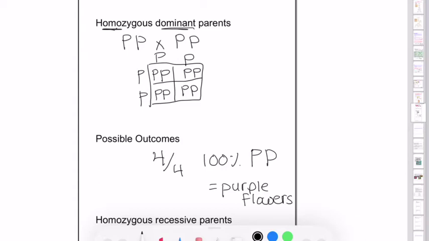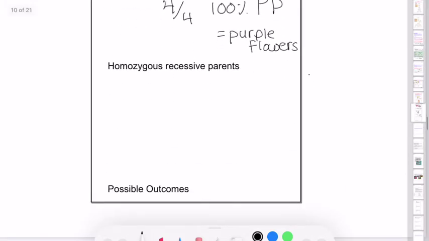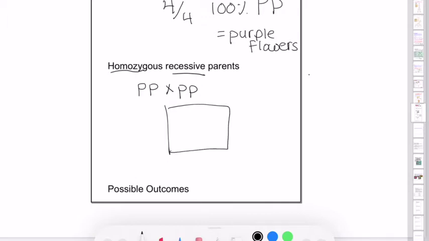All right. And then the final one here is a homozygous recessive plant. So homo means the same, recessive means the smaller letter, so it would be all little p's.